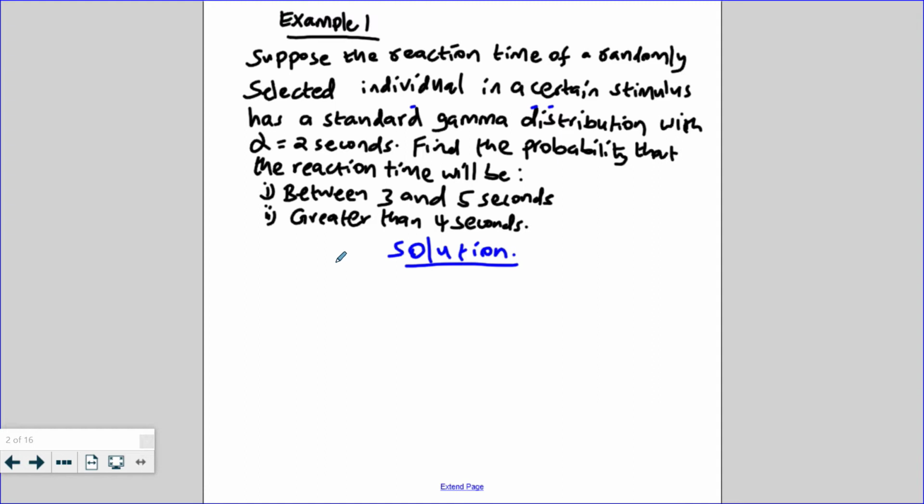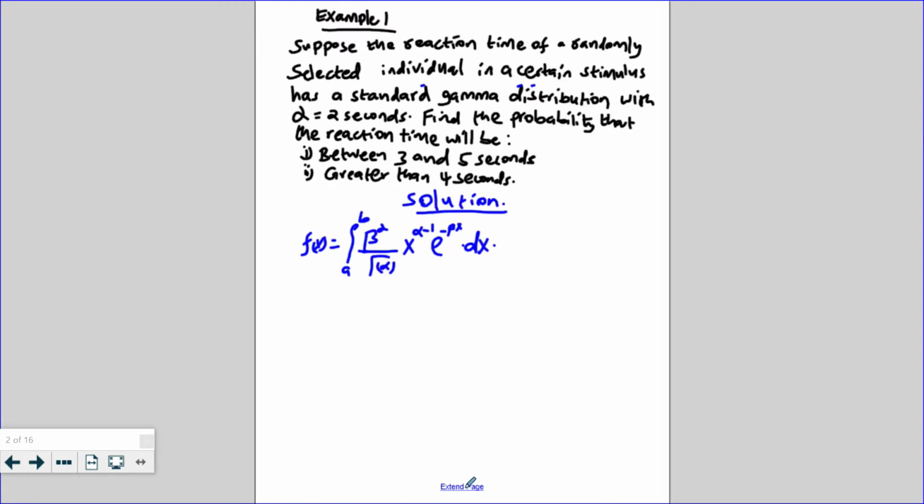So we simply say that it is the integral of f(x) from a to b, then of course beta power alpha out of the gamma function of alpha, and then x to the power alpha minus 1, and exponential negative beta times x, and then of course dx. That is what we do when our question is continuous.